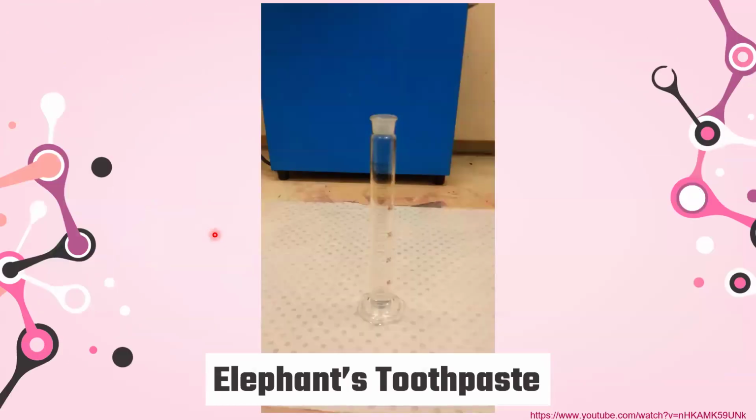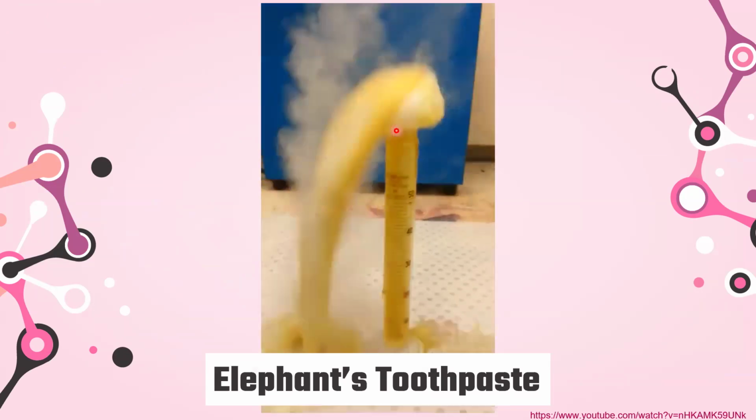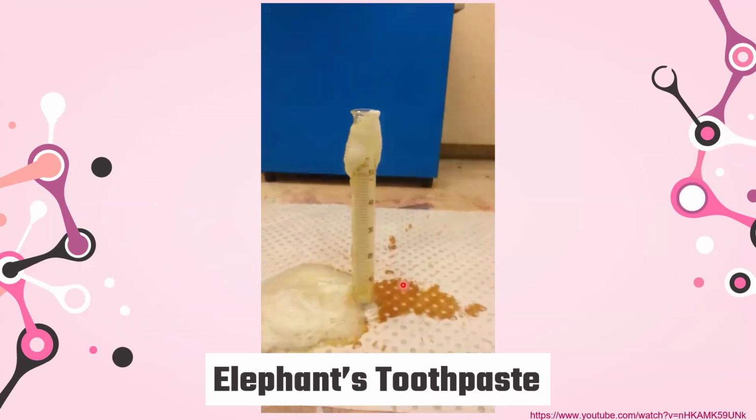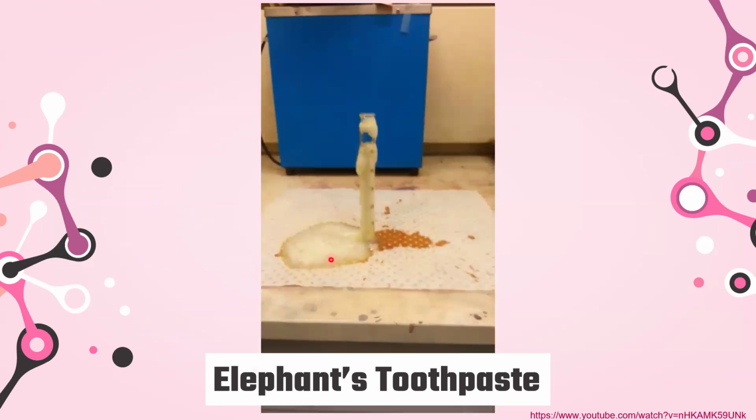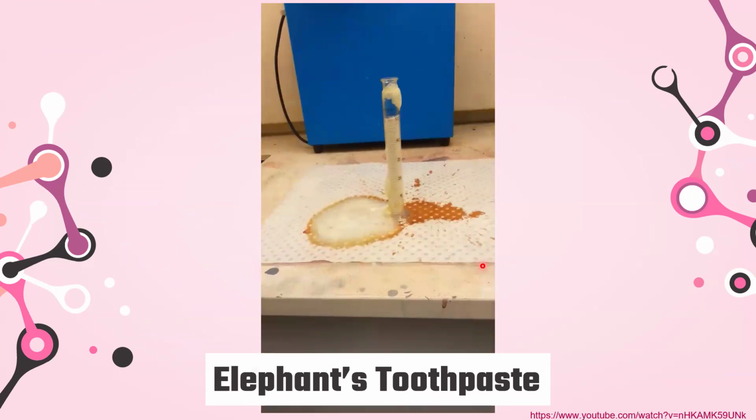Okay, so let's see another case of rate of reaction. This is a reaction called elephant's toothpaste, and you can see how fast the reaction took place.